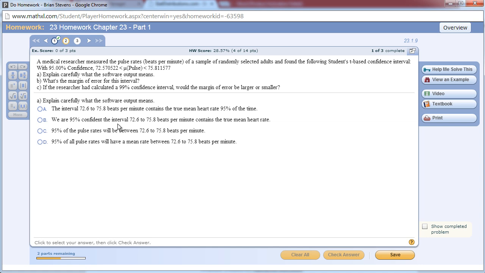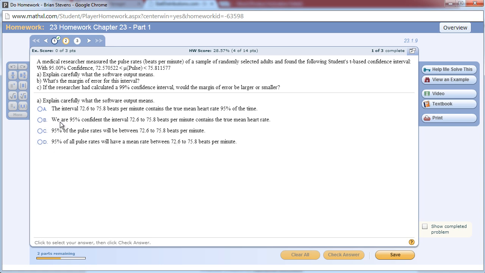A medical researcher measured the pulse rate, beats per minute, of a sample of randomly selected adults and found the following student t-based confidence interval. So this is really great, because we need to explain the interval in context.